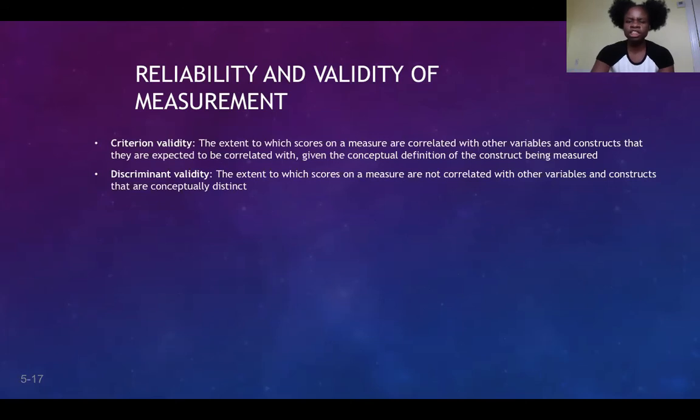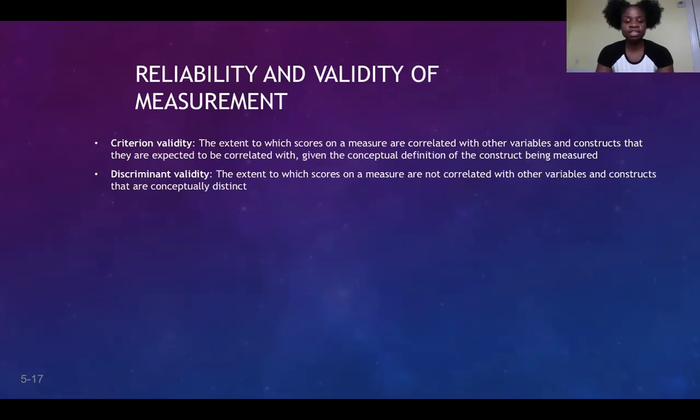So some takeaways from section 2 of chapter 5, right? Psychological researchers do not simply assume that their measures work. Instead, they conduct research to actually show that they work. If they cannot show that they work, they stop using them, okay?